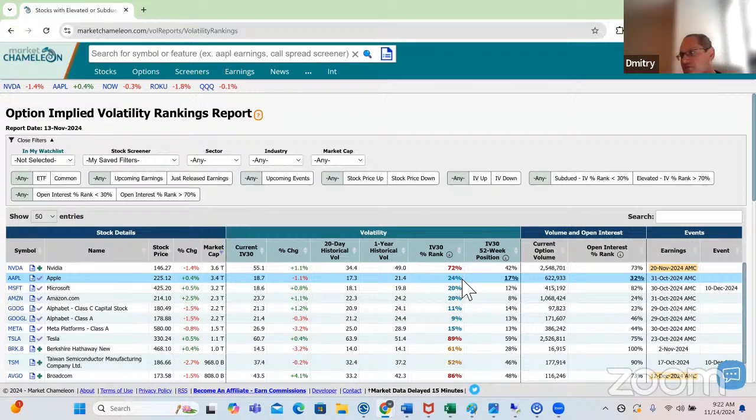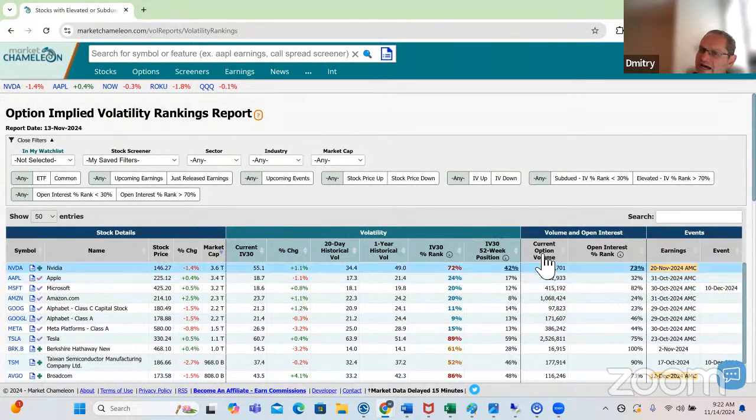So we just do the percentile of the observations, the days that were below the current level, just to get an idea how often it traded below this or above this. That's 72%.